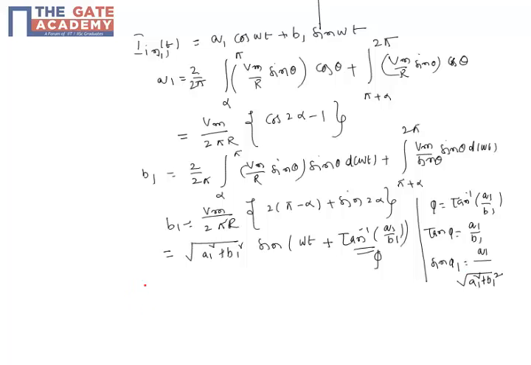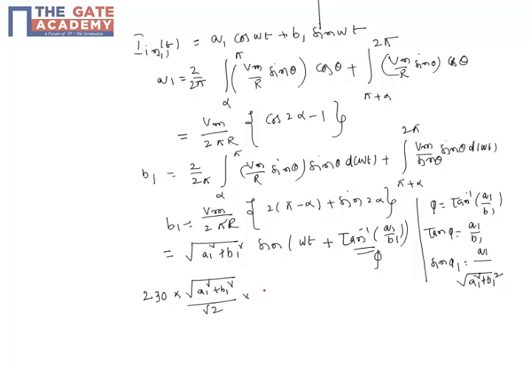Now the expression is V1 input RMS, which is given as 230 volts, into I1 input RMS. Actually this is a peak value, so RMS means square root of A1 square plus B1 square divided by root 2, into the supply voltage RMS into sin phi.